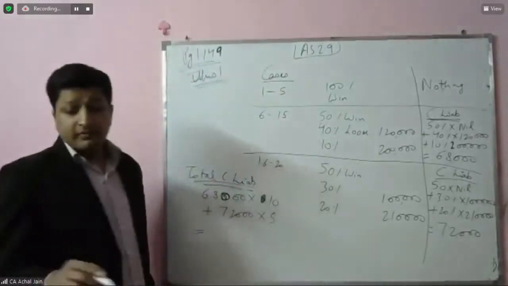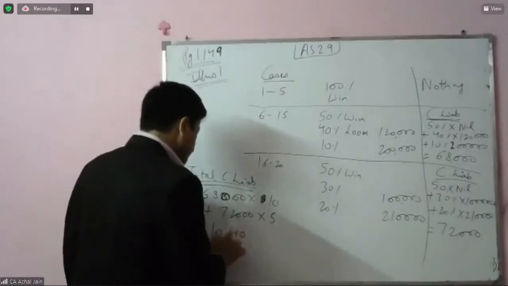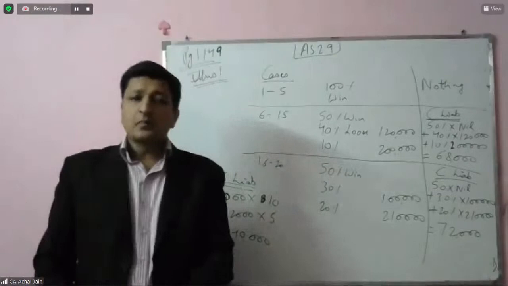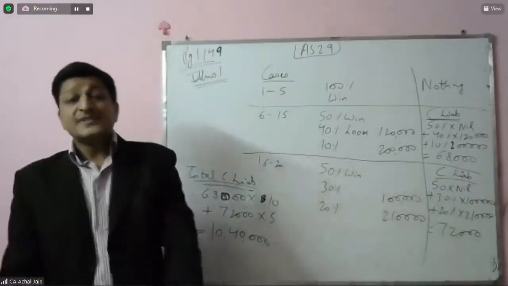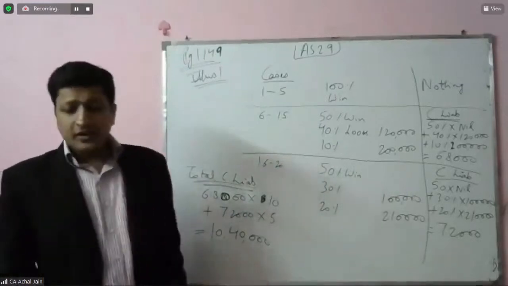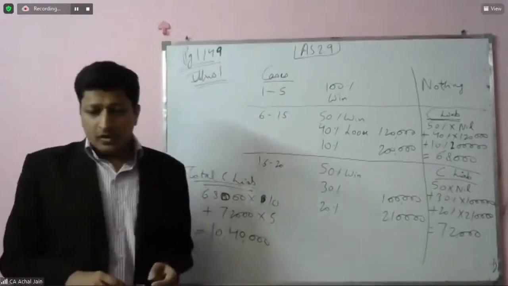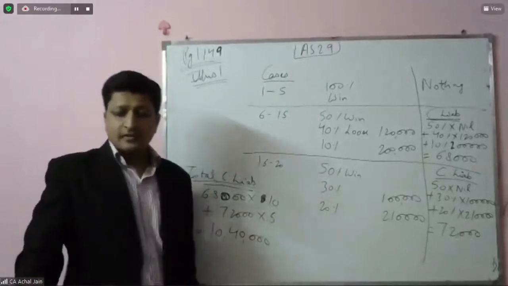So I think we will get 10,40,000. So the total amount of contingent liability in respect of these 15 cases will be 10,40,000. I think same is the response from Kamal, Sruti, and Sakshi.